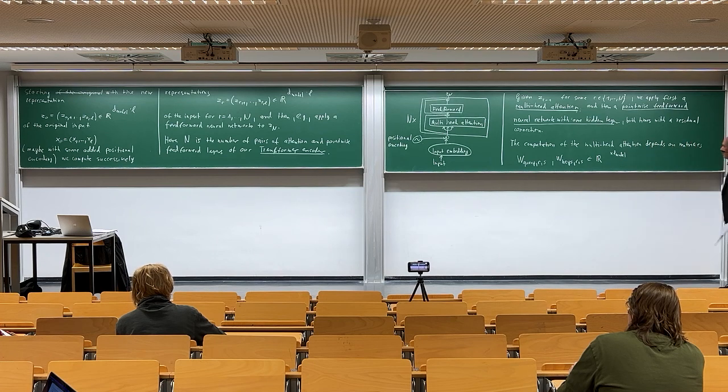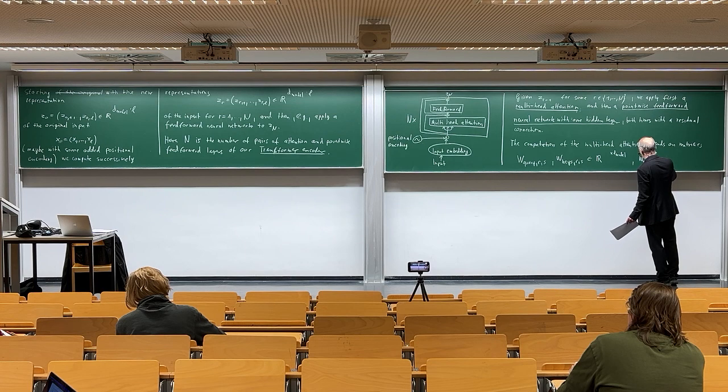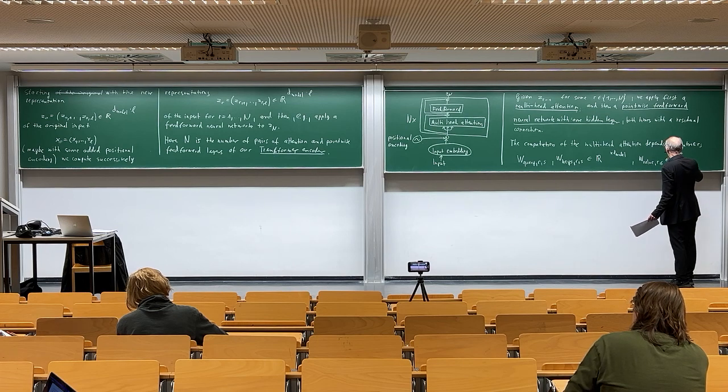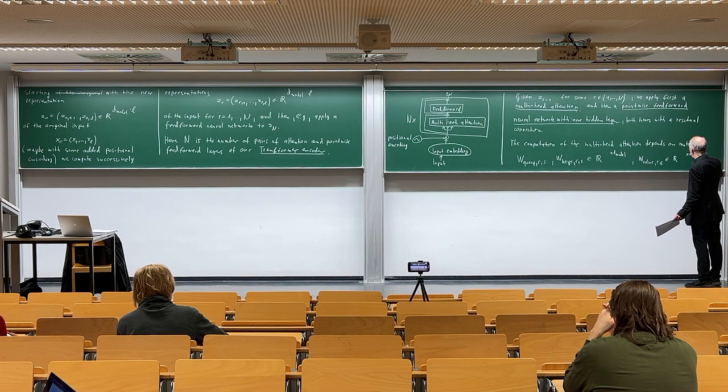And then we have something for the values, with the same indices r and s, also d_model many rows.